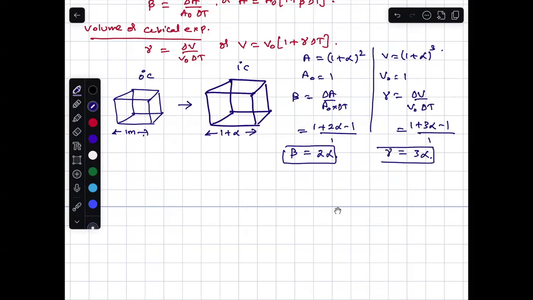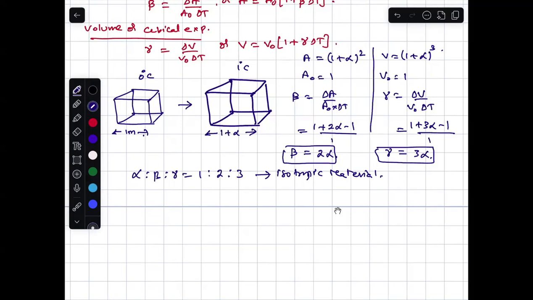Gamma is 3 alpha. So finally, alpha is to beta is to gamma is 1 is to 2 is to 3. Remember, this is for isotropic material. Only allowed for isotropic material, not allowed for some other material.